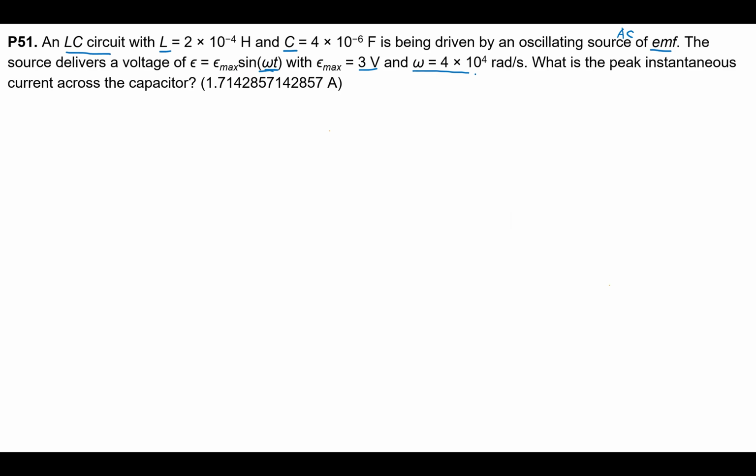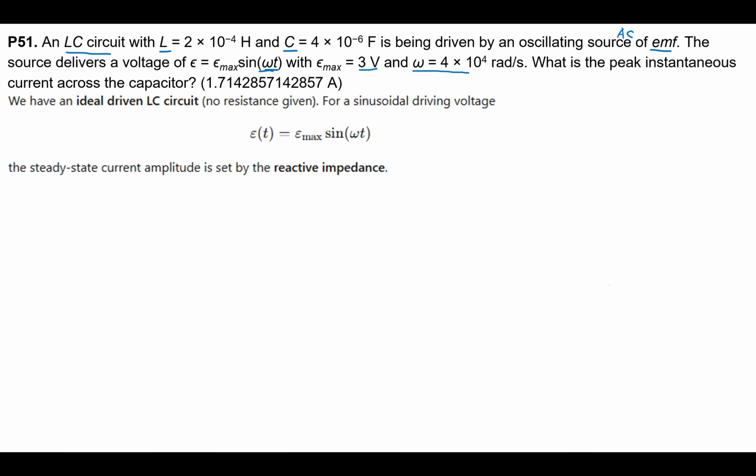What is the peak instantaneous current across the capacitor? That's the problem. So we have an ideal driven LC circuit.